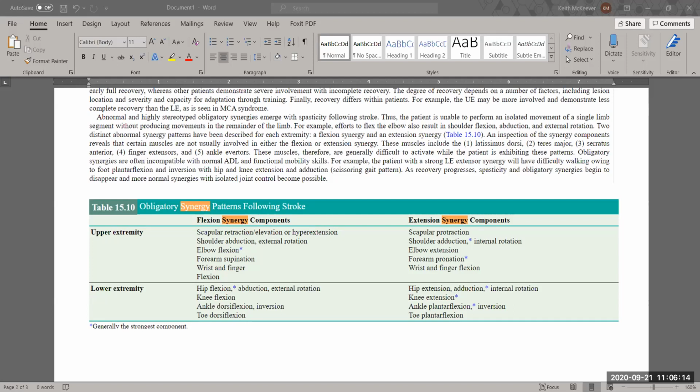Now, let's say we have a patient that we know is not going to recover completely from their stroke. So again, this is taken a little bit further here. Maybe the stroke is that bad that the likelihood of them fully recovering is pretty low. Are we going to be so worried about the fingers flexing?